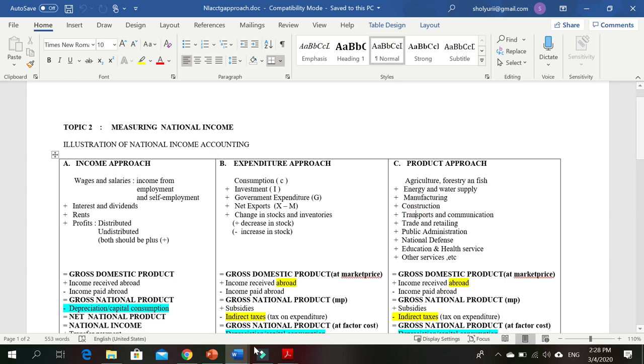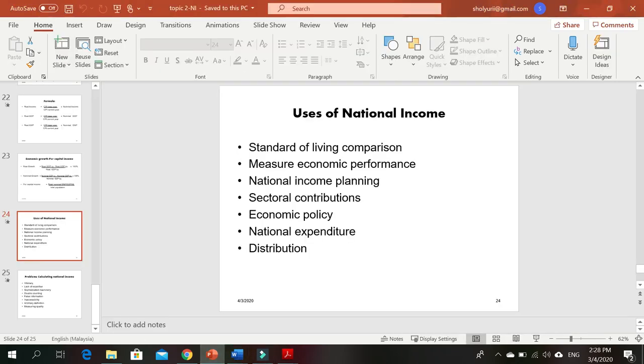With this, it is much easier for the country to do planning in the future. For example, if our agriculture sector is very promising and performs very well, next time the country can spend more of the budget on the agriculture sector.